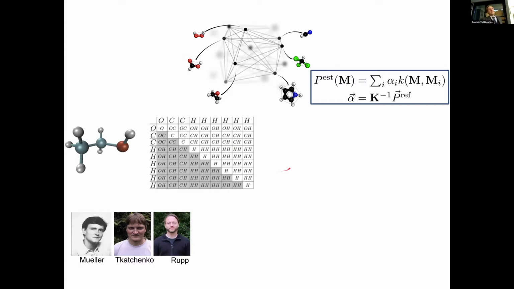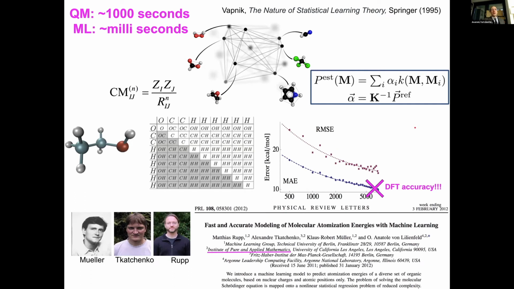Now Alex did a couple of DFT calculations for a data set which we had extracted from this GDB library I mentioned earlier, and Matthias then inverted the corresponding kernel matrices, and lo and behold, we saw the prediction error on the atomization energy decay as training set sizes increased, and that got us pretty excited, because at 6,000 or so, really a very small number in comparison to everything that's possible, as I mentioned before, right?